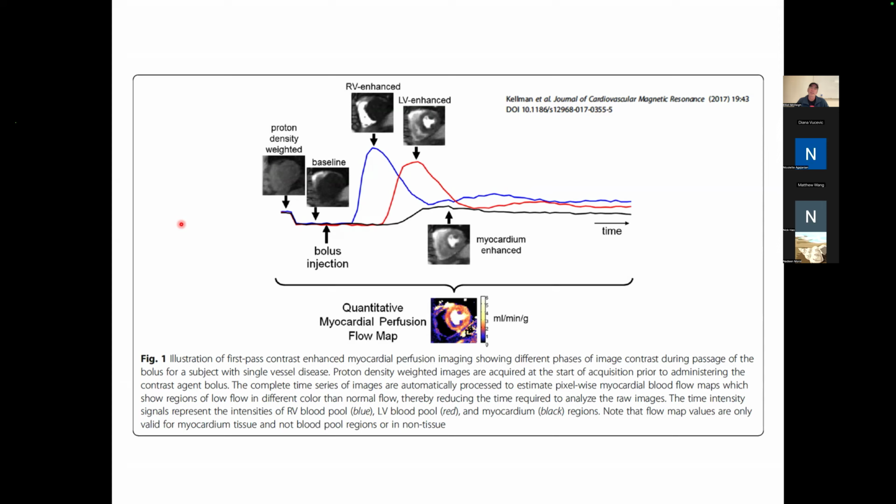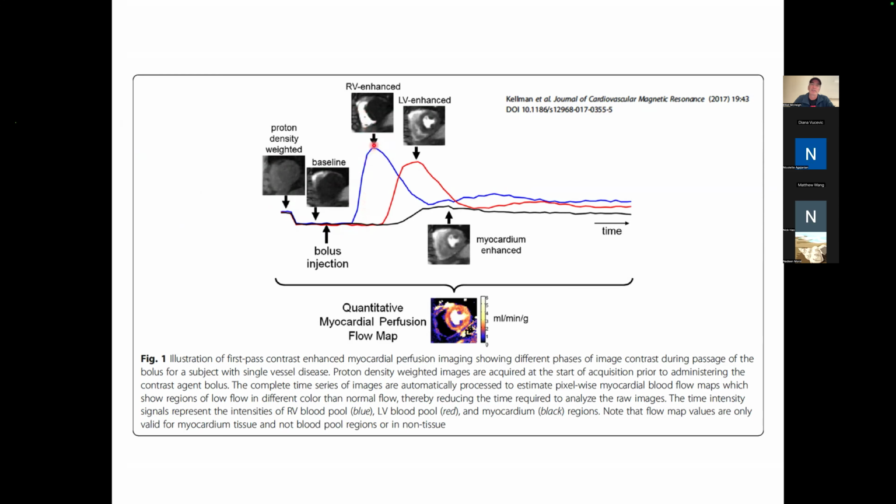see them in MR. And we can make a baseline image, or a proton density weighted image, where we inject contrast at this point and we see it come in to the right ventricle here.